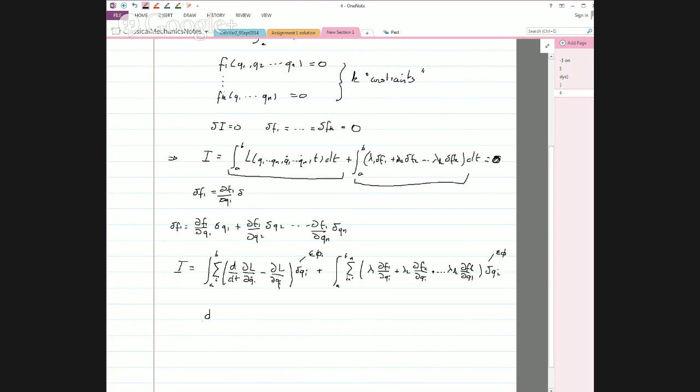So we have d/dt of ∂L/∂qn dot, minus ∂L/∂qn plus lambda 1 ∂f1/∂qn plus lambda k times ∂fk.